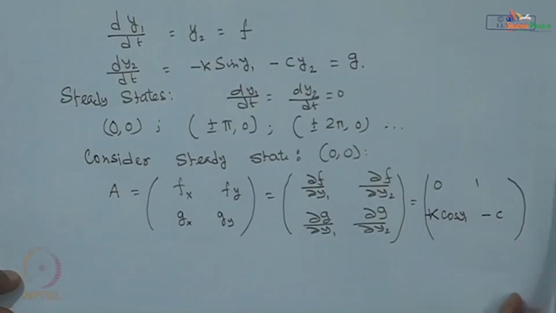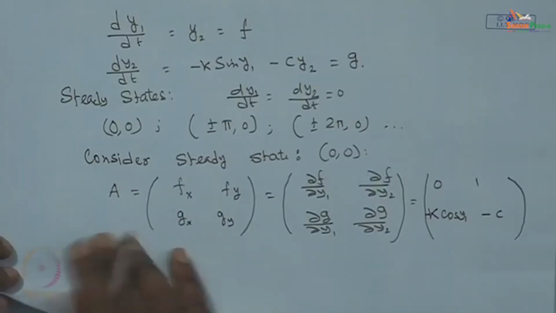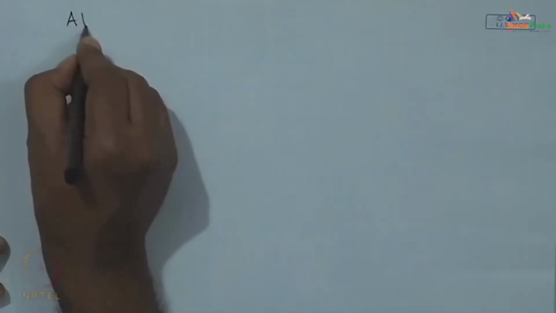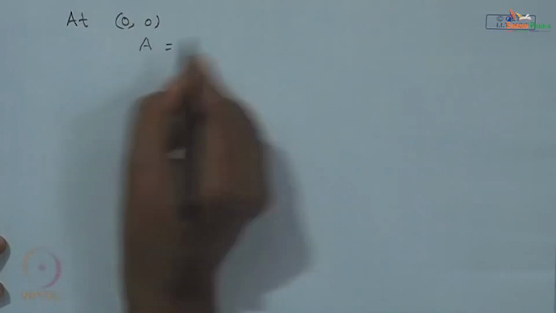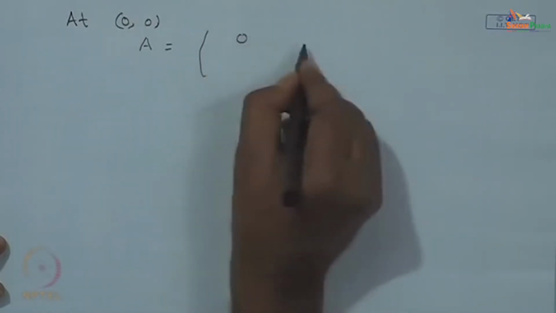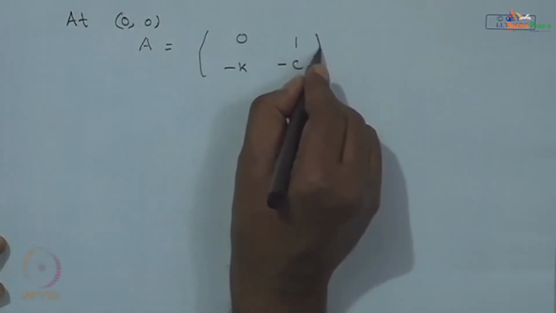So, that is the Jacobian matrix. We evaluate this Jacobian matrix at the steady state, so at (0, 0) this becomes [0, 1; minus k, minus c].